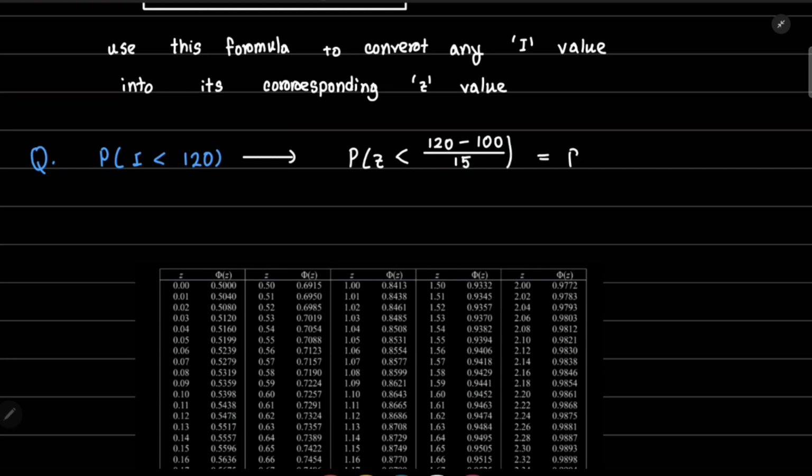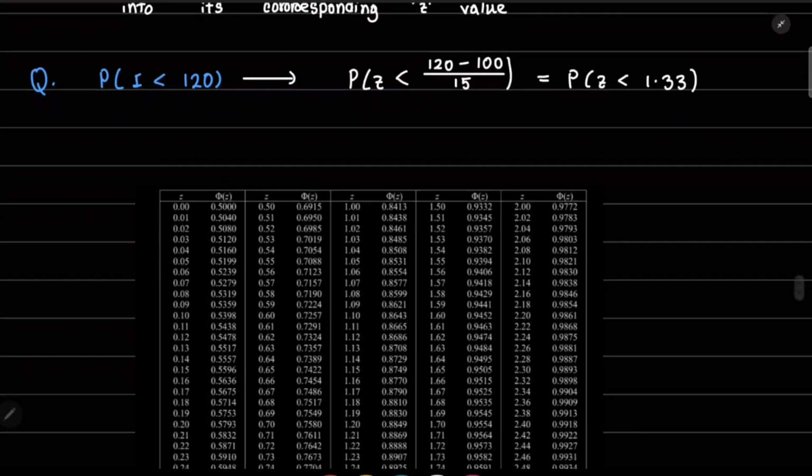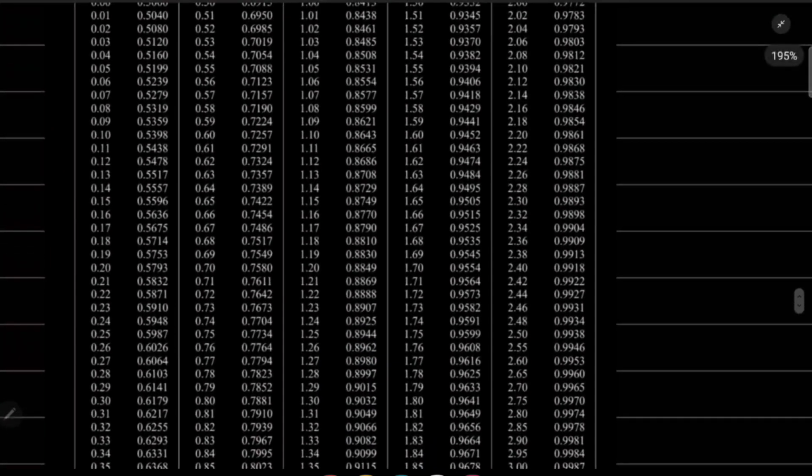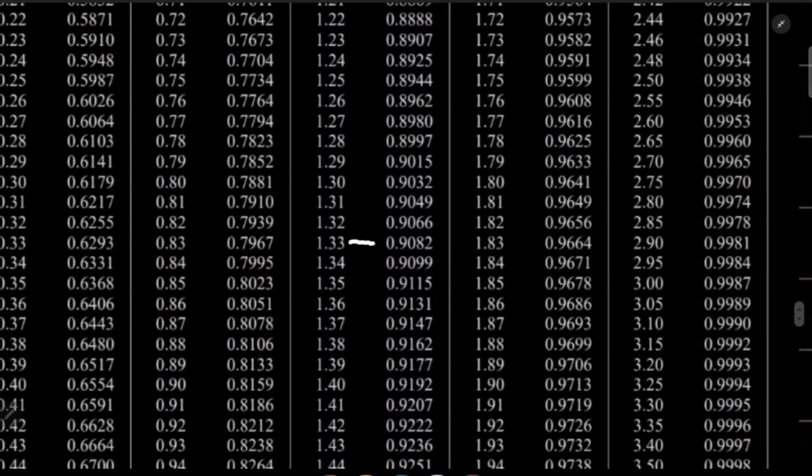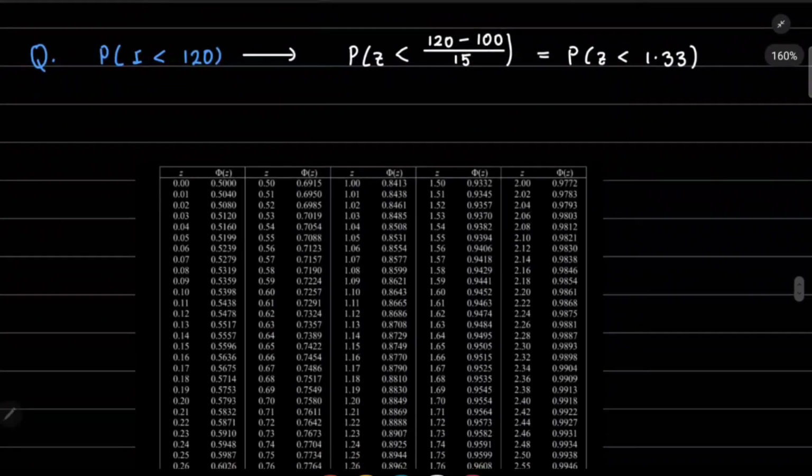So I get probability of z less than 1.33. So from here I get 1.33, which is 0.9082. So the probability is 0.9082.